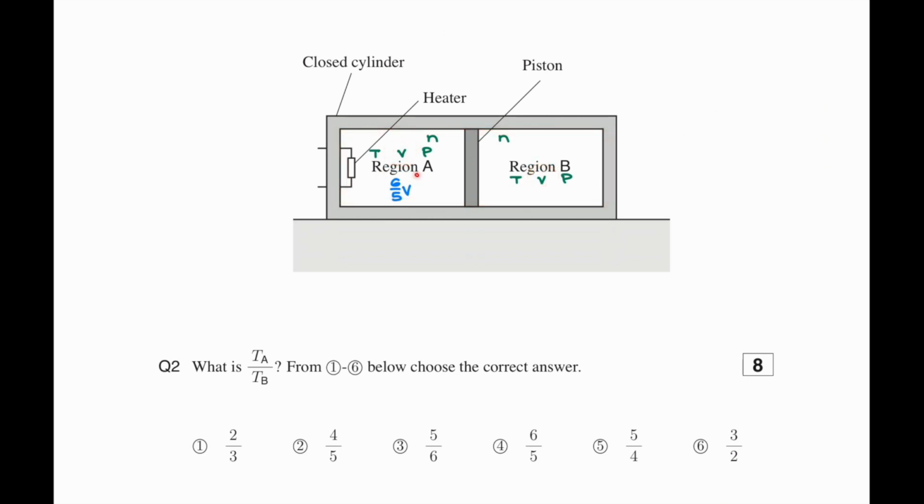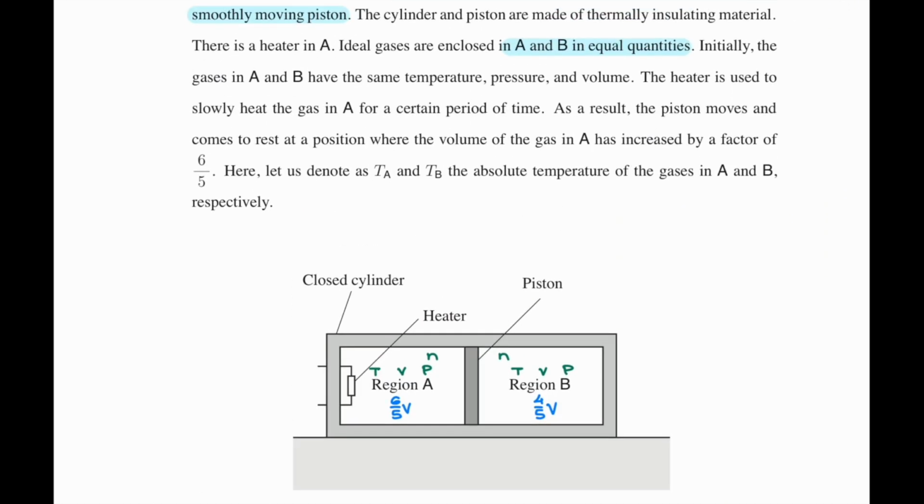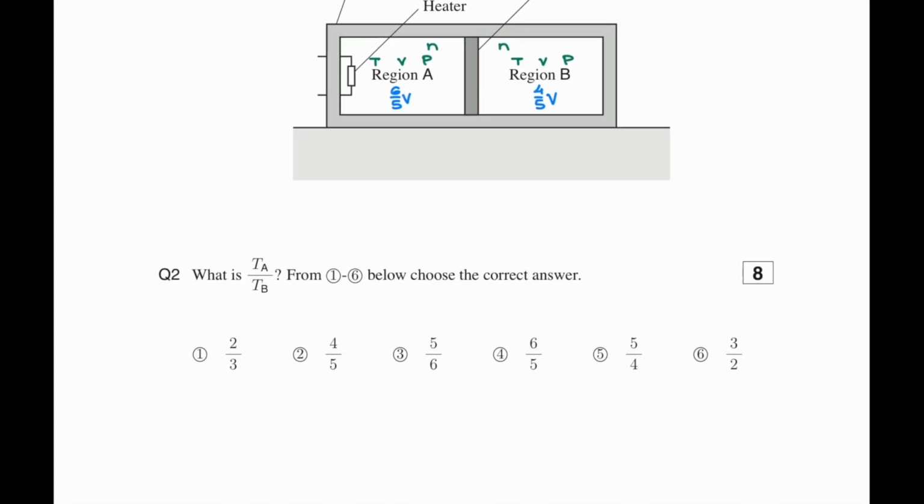If the volume in region A is 6/5 V, that means volume in region B becomes 2V minus 6/5 V, which is 4/5 V. This is the final volume of region B. And then the temperature of A is TA, and the temperature of B is TB. The question is, what is TA over TB? So I want to find the ratio of TA over TB.